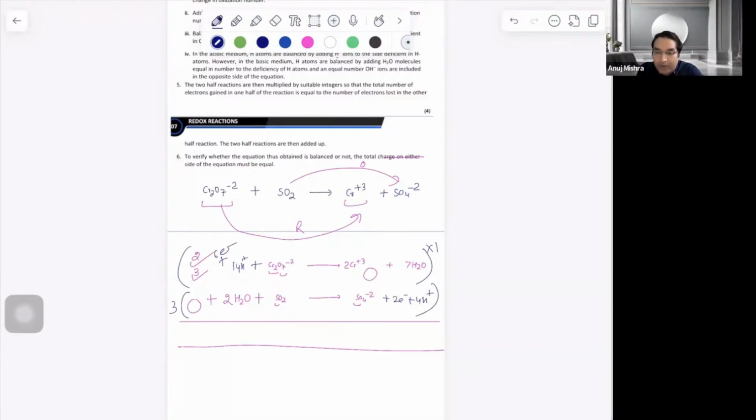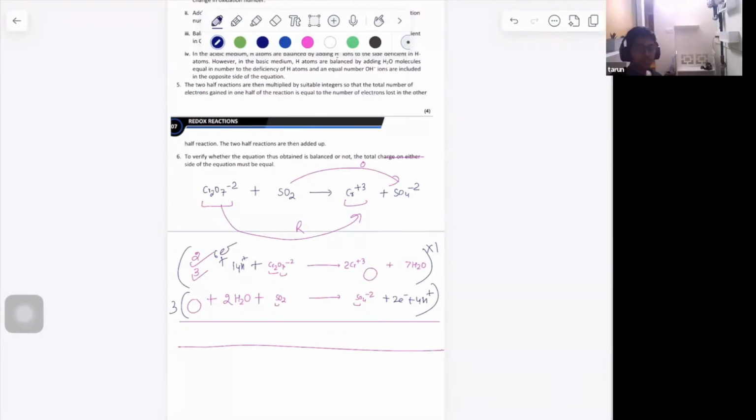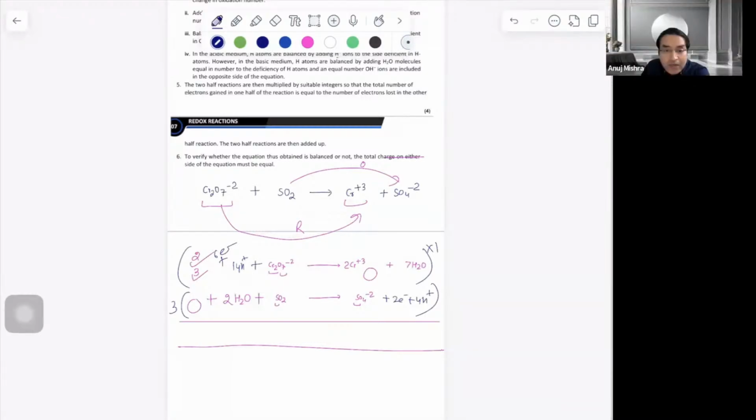What equation are you getting? Can you please let me know? Tarun, what is the final equation that you're getting after multiplying and everything? For the first one, would it be plus 8 electrons? Which side?